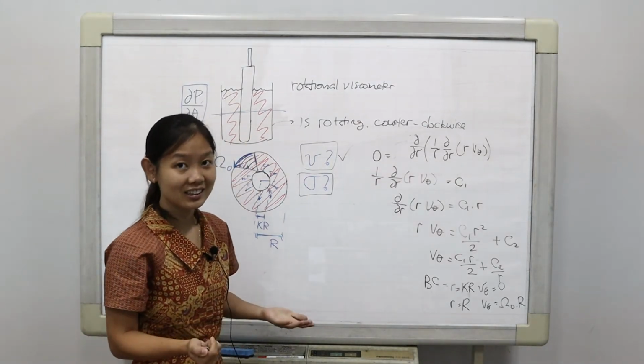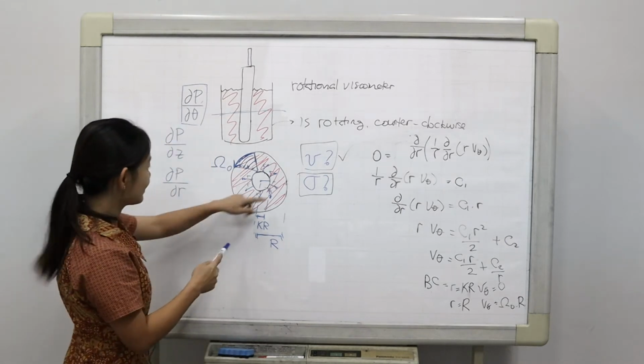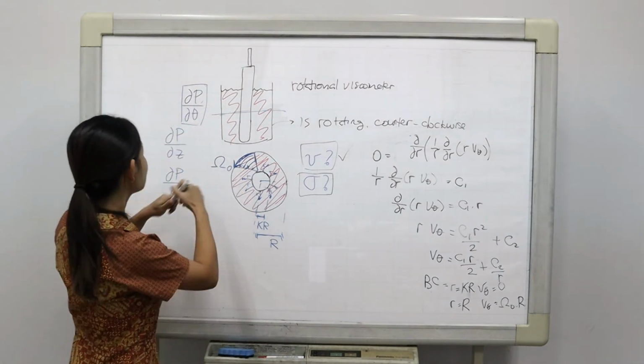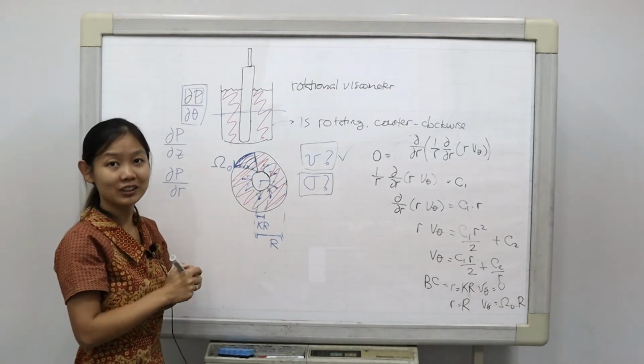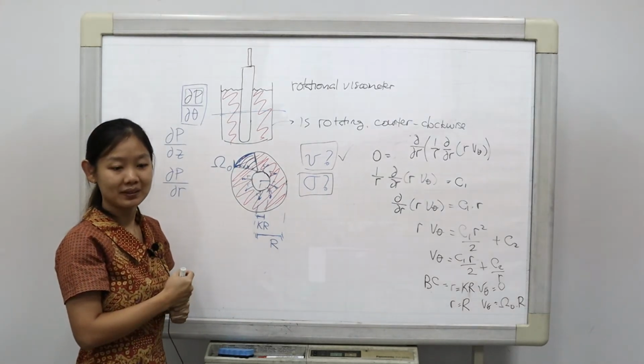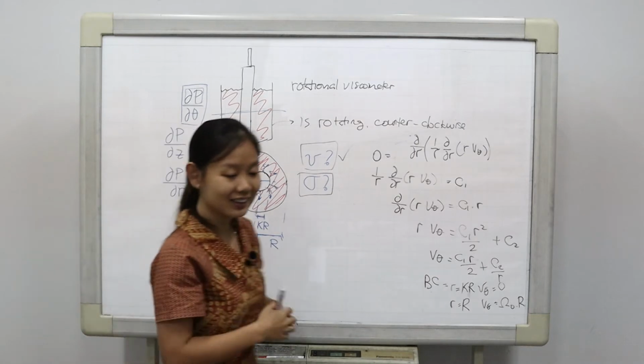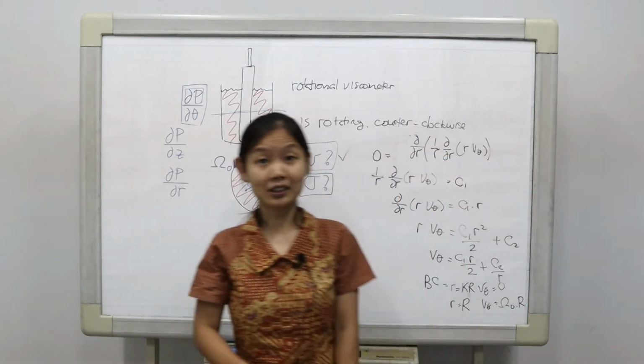Fauzan, is that clear? At similar height and similar radius, your pressure should be the same, so you don't have dou P over dou theta. Okay, thank you. Maybe other questions?